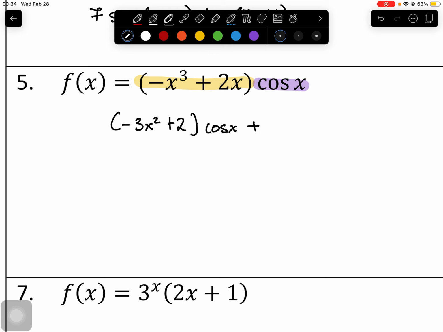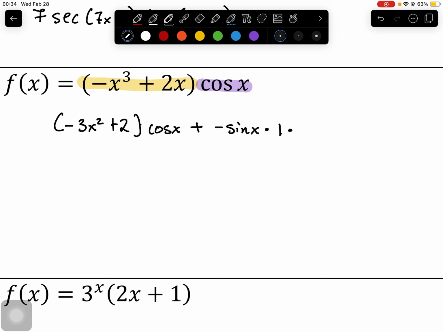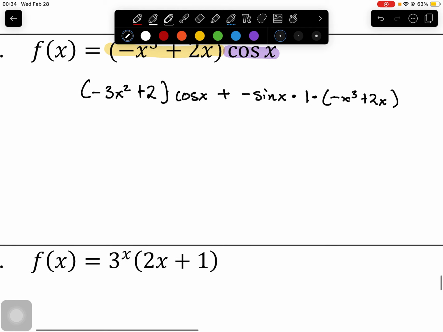Now it's going to be plus the derivative of cosine x, which is basically negative sine x, times the derivative of x, which is just 1, times just this whole yellow equation. That's going to be negative x to the third plus 2x parentheses. Now I'm just going to combine it here.